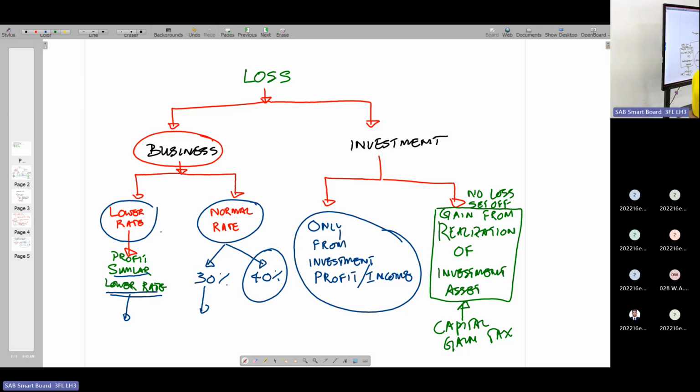So actually, when we are discussing tax rate, we have a special rate or general rate. Special rate, we have two parts, reduced rate and high rate. This is coming under the higher rate. Right now, for the year 23/24, we don't have a reduced rate as per the tax law.